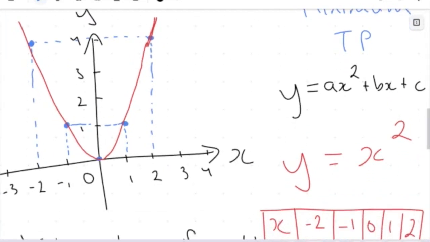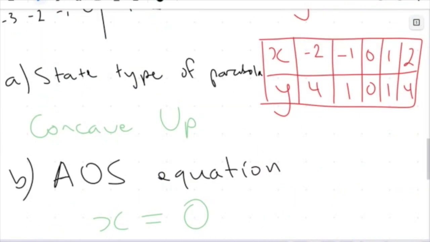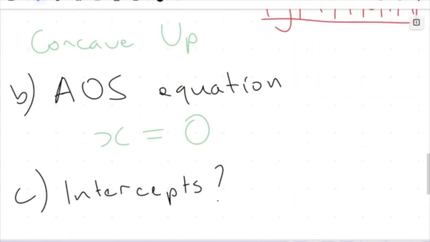Here, in both cases, the x and y intercept is going to be 0, because along the y-axis, it cuts through at 0, and for the x-axis, it also cuts through at 0. So my x and y intercepts are also going to be 0.